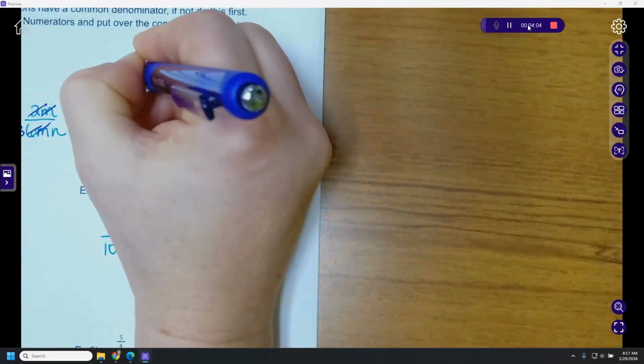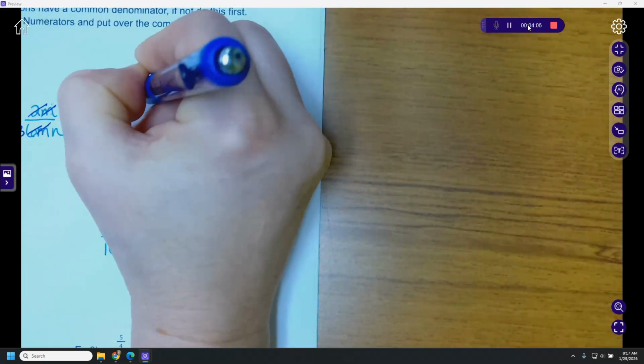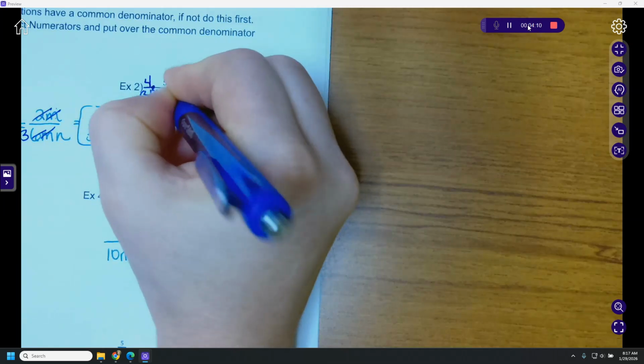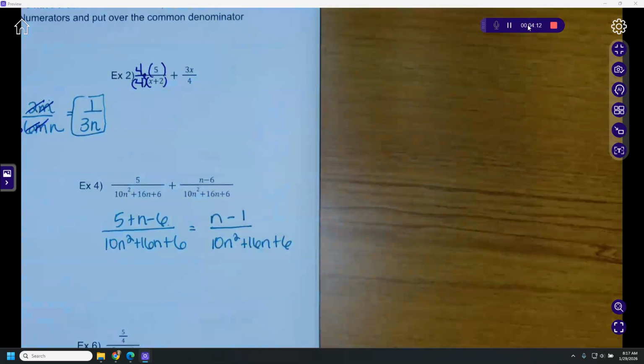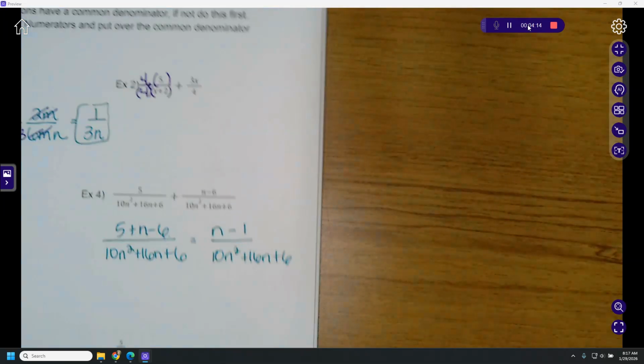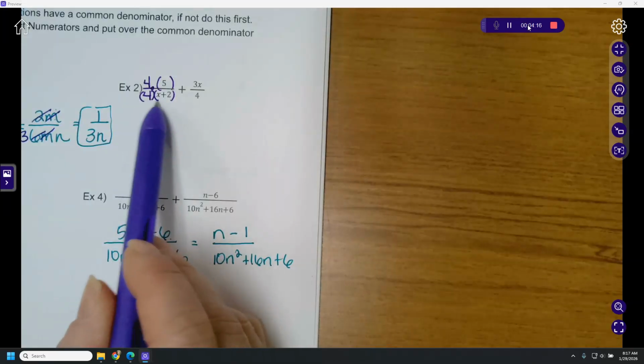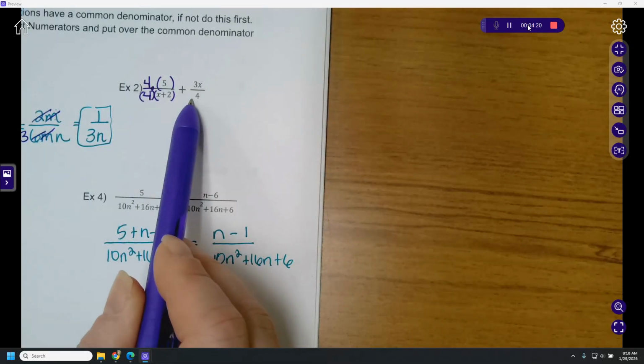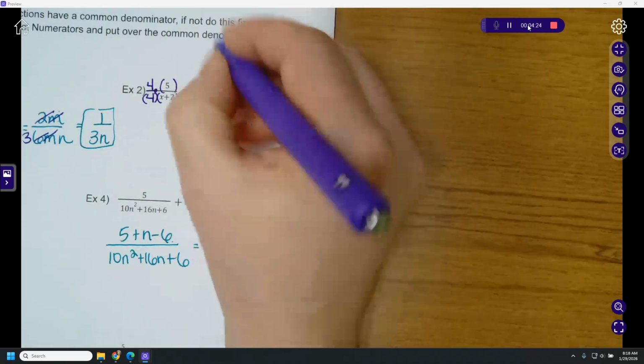You have to do it by both the top and the bottom. So I'm going to multiply both the top and the bottom by 4. Now I'm going to have a common denominator of 4 times the x plus 2.